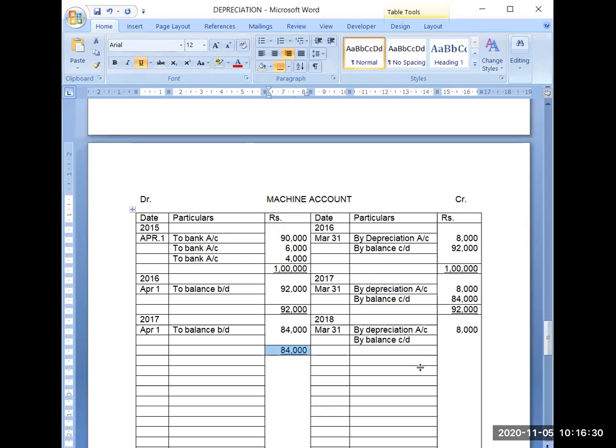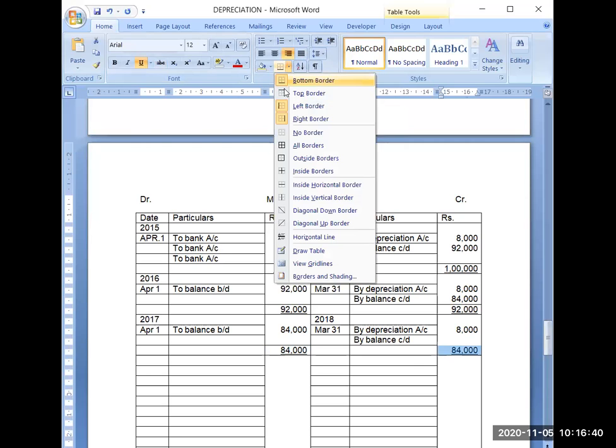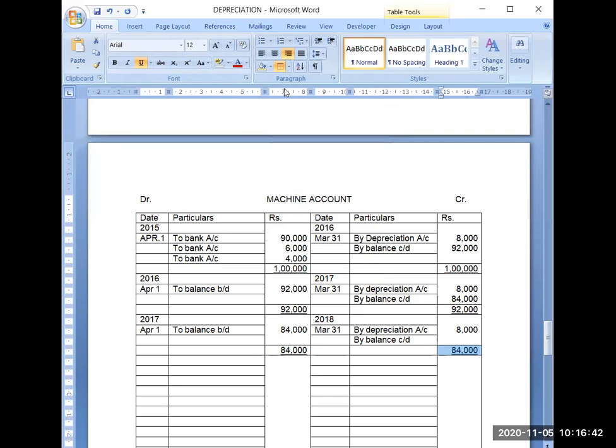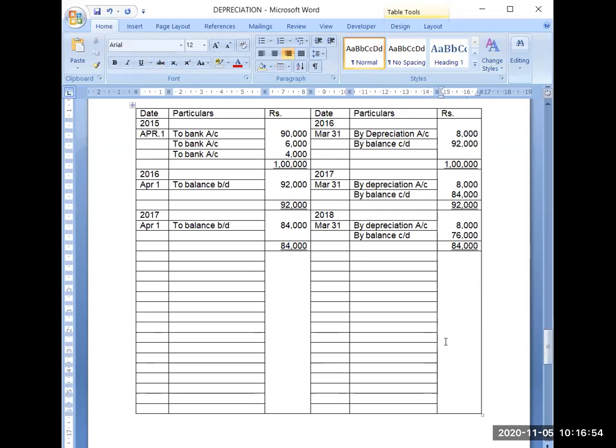This will be copied to the opposite side. And then we will do 84,000 minus 8,000. I will get the balance 76,000. So this way my 3-year account is completed.